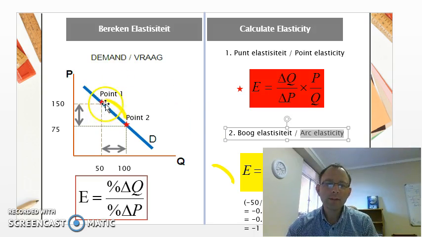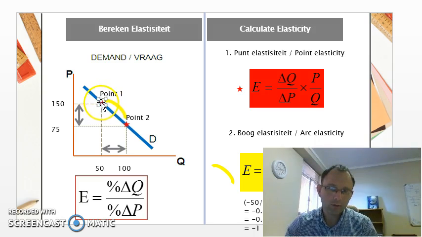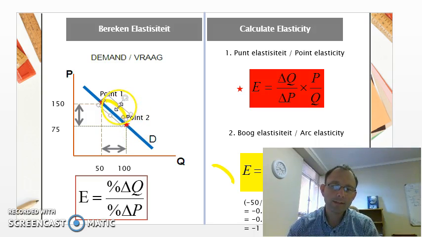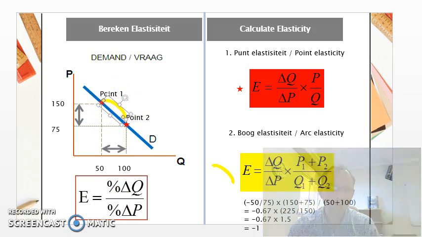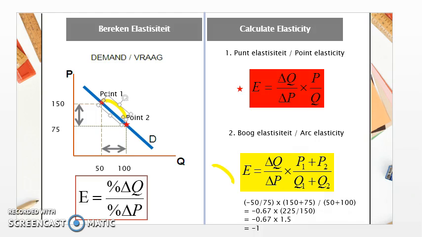Point elasticity is for practical reasons specifically for one point on the demand curve, where arc elasticity is between those 2 points. Let's have a look at the calculation of both of these methods. Let's start with point elasticity. I'm going to do this one with you, and hopefully when I do it, you will also understand how to calculate the elasticity.